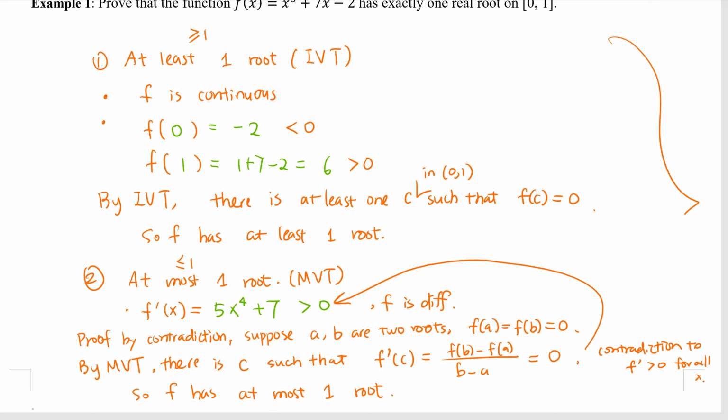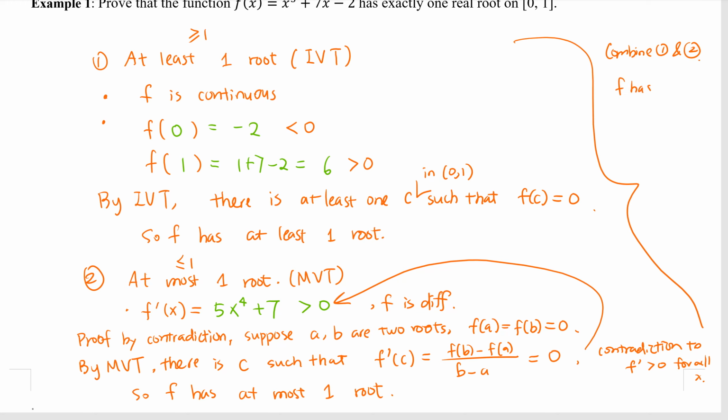Finally, I don't have enough space, so finally we say combine 1 and 2, f has exactly one root. So far so good, everybody? This is the complete set of steps for solving this kind of problem. When you see a new example, you just need to change the green parts.